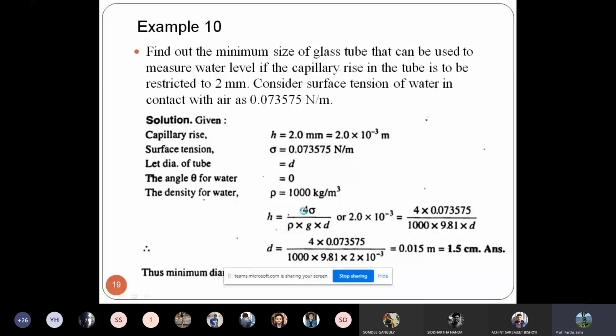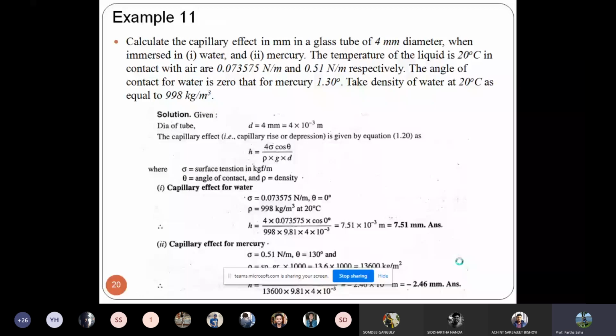Another example, number 11, is another numerical. Calculate the capillary effect in millimeter in a glass tube of 4 millimeter diameter when immersed in water and mercury. The temperature of the liquid is given as 20°C, in contact with air. The surface tensions are 0.073575 Newton per meter and 0.51 Newton per meter.